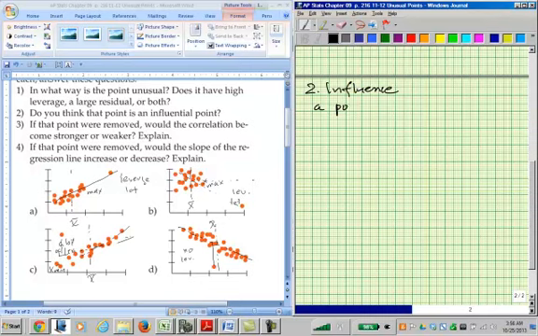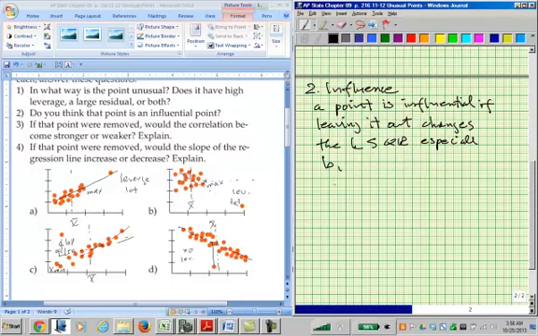A point is influential if leaving it out changes the LSQR, especially B sub 1.